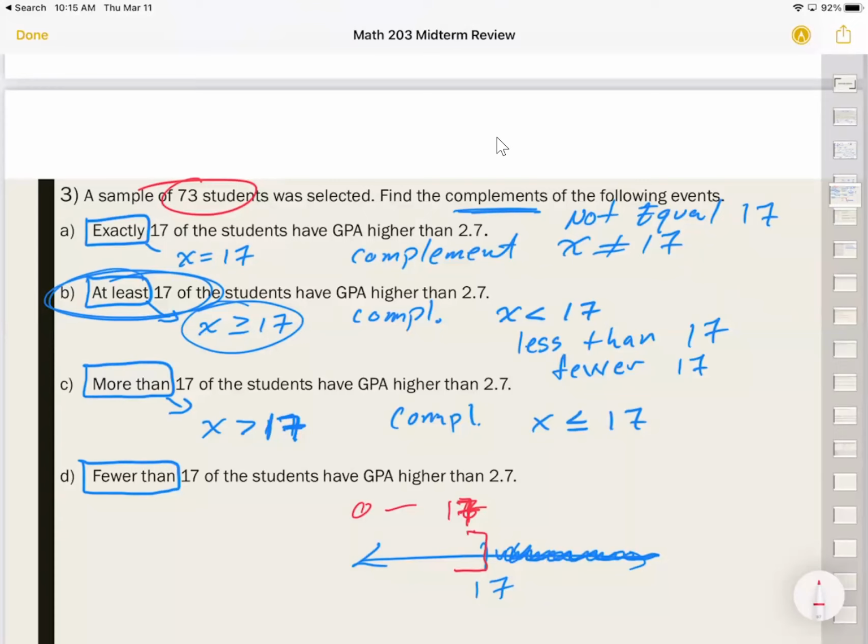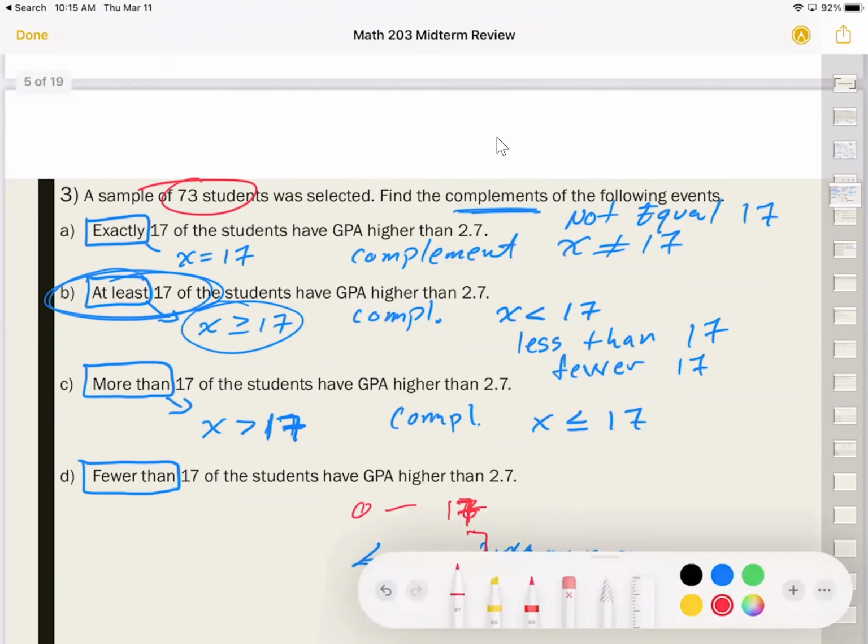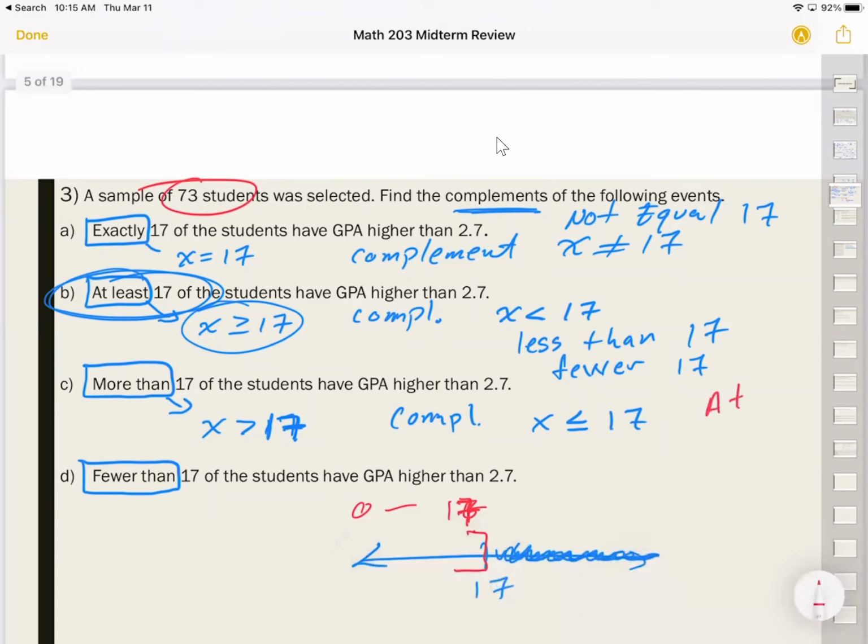So the complement of this, if you were to write it in English, is at most 17, or less than 18. You can do less than 18, and it still fits that description.